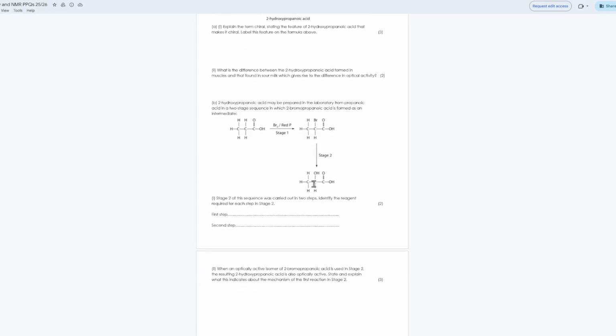Okay. 2-hydroxypropanoic acid may be prepared in the laboratory from propanoic acid, a 2-stage sequence by which 2-bromopropanoic acid is formed as an intermediate. Carbocation intermediate or not?